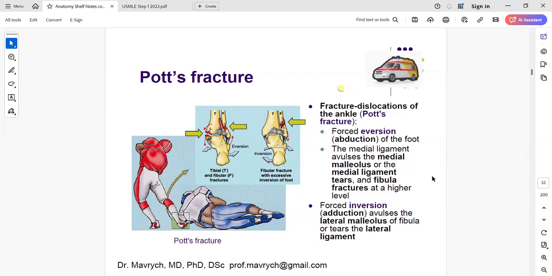So there are two types: eversion, and then if there's forced inversion, that is adduction, then everything is opposite. Hit your ankle from the medial side, and what happens? The lateral side gets compromised, so the lateral malleolus and the lateral ligament. You don't have to memorize this.